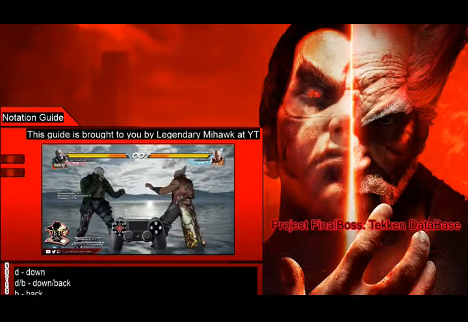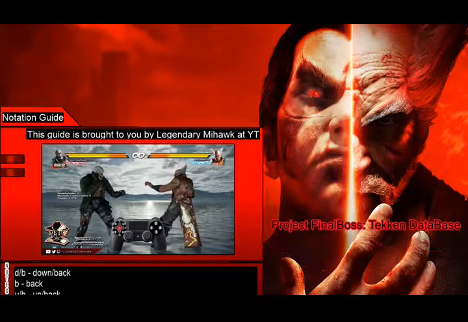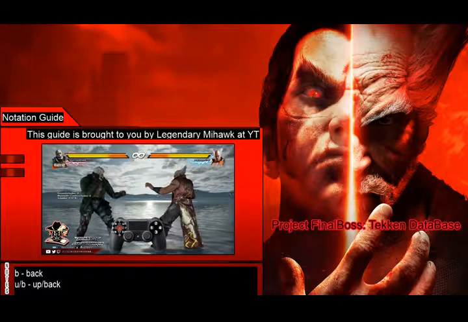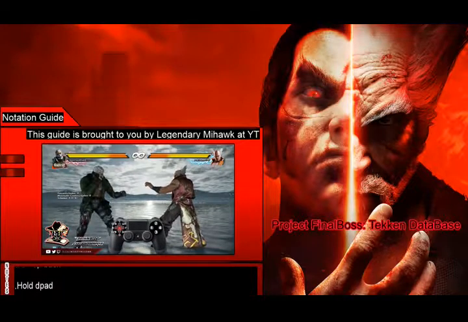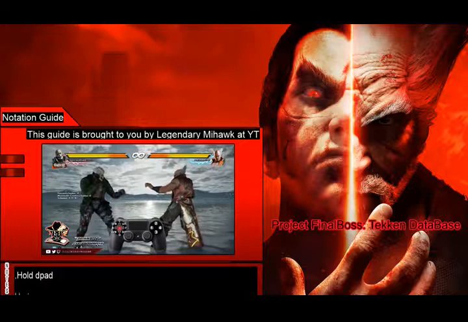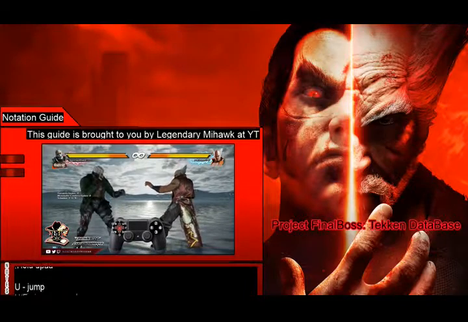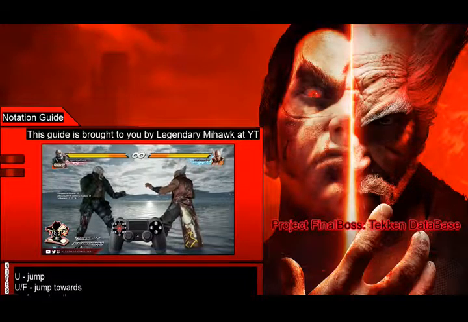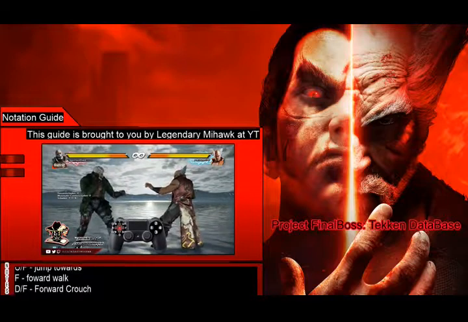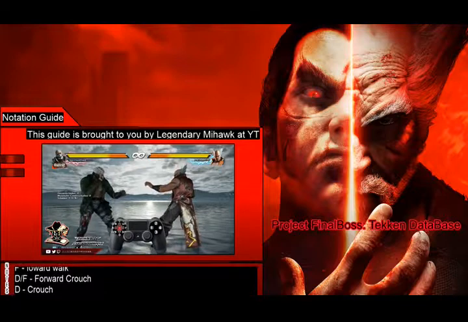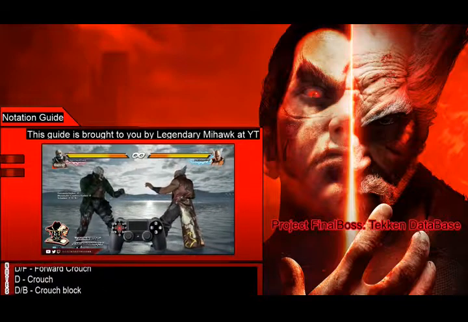Another thing is that on the controller you see all the slashes. Usually if you see it on a website like Tekken Zaibatsu, you would write it down that way. But to make the combos look shorter, sharper and crisper, I left all of those slashes, pluses, and commas aside.